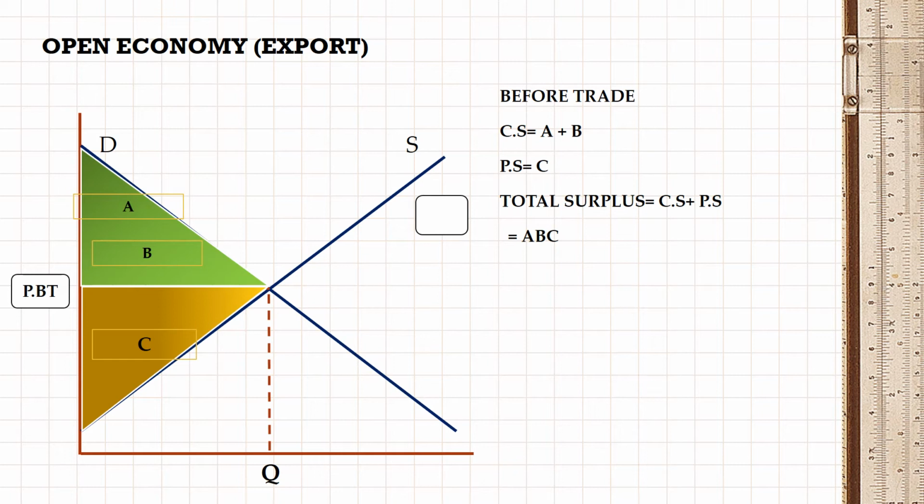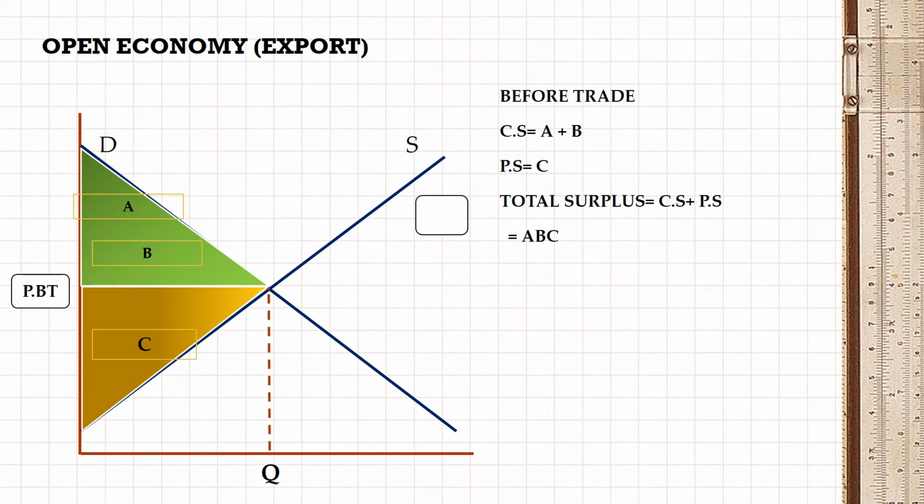So, when your economy is open, it means that either you will export or import. The second question is who loses and who gains? And the third is what happens to the equilibrium price and quantity demanded and quantity supplied.